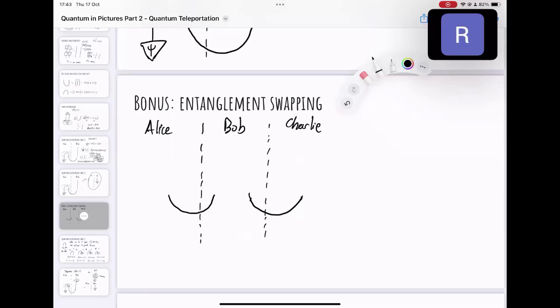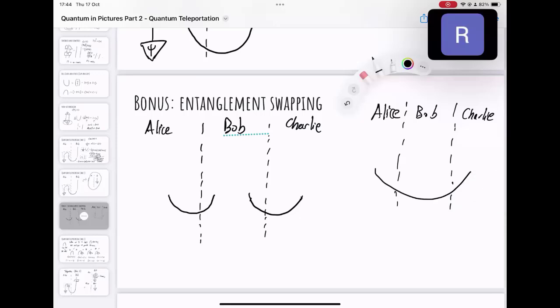But in fact, what they want to happen is that, what can we add here so that Alice and Charlie end up with an entangled state instead?